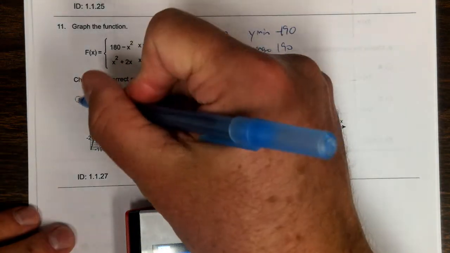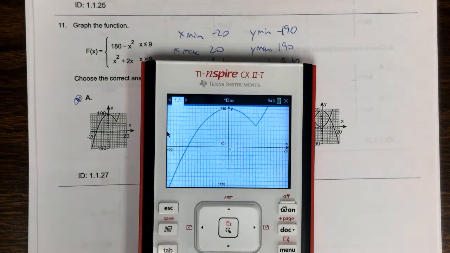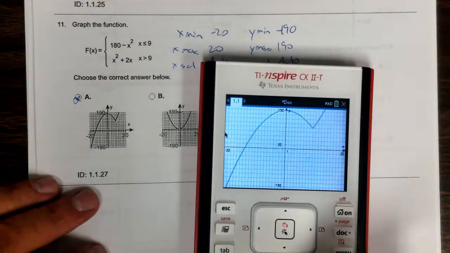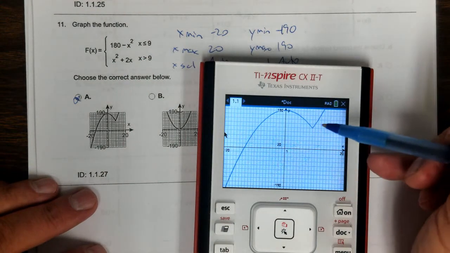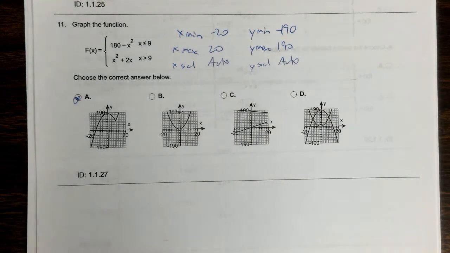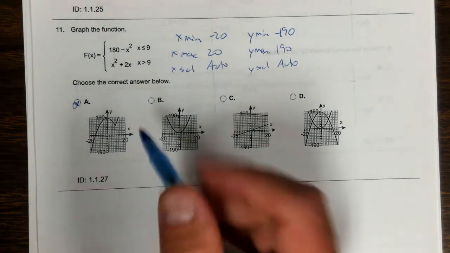So it looks like it's going to be A. When you think of it, it's an upside down parabola, and then it's starting to go up. And here's another way to just rule out choices.